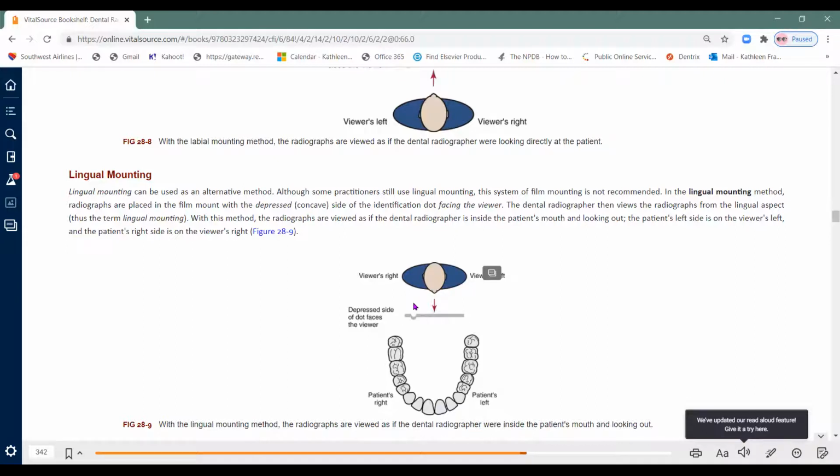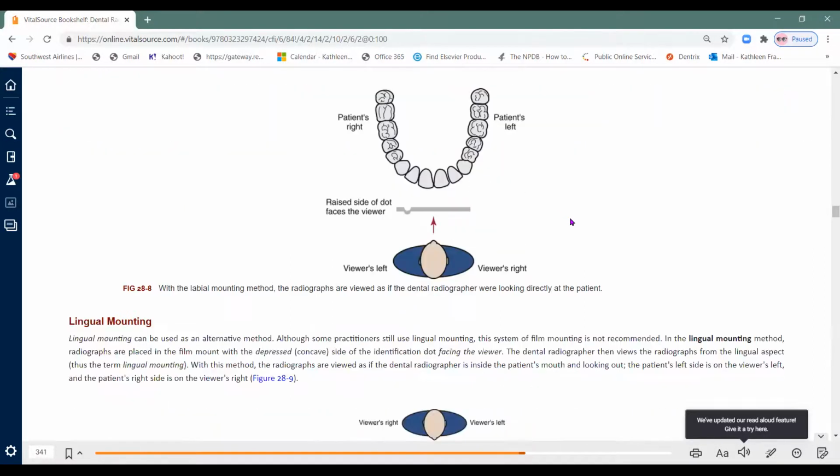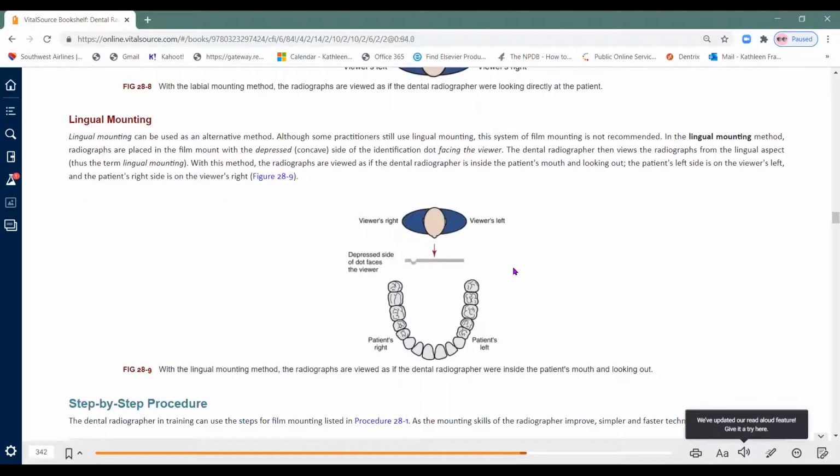The depressed side of the identification dot. They seem the same thing. Raised convex side of the dot facing the viewer. It says the same thing. Place with the depressed concave side of the dot facing. Okay, sorry. Yeah, but this picture's wrong. So the dot is away from you, right?